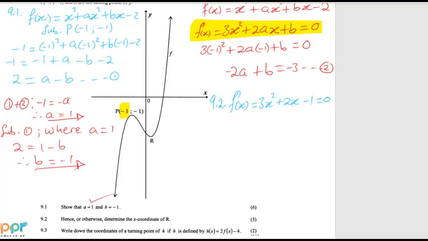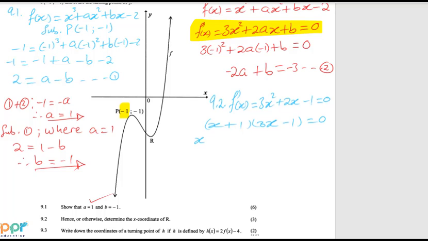Now this can be factorized. The first value of x is x plus 1, and the other must be 3x minus 1.